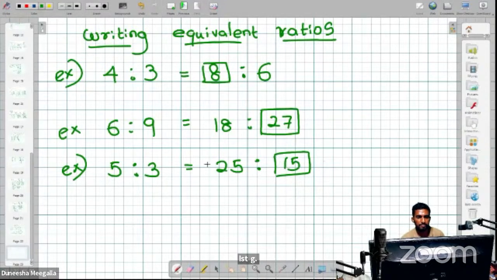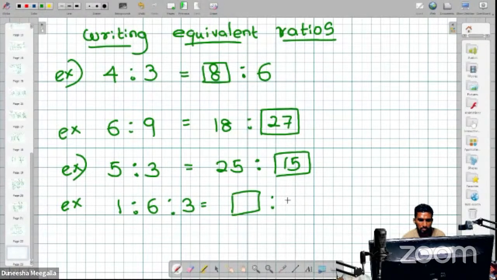Answer is 15. What is the answer for the first blank? 3.